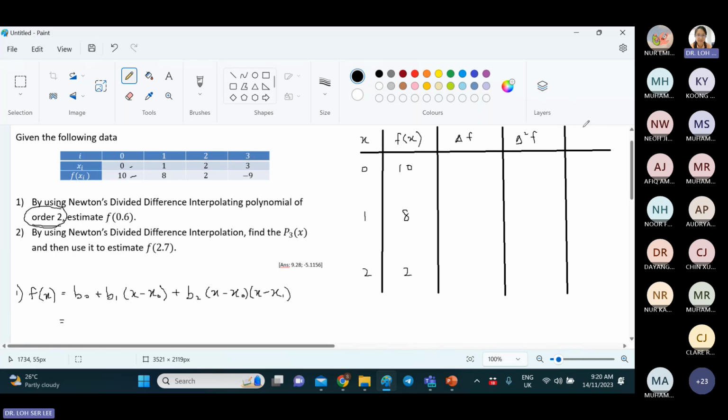Now we need to find this one, and then this one. Your output will be in a triangle form. Now I give you 1 minute.